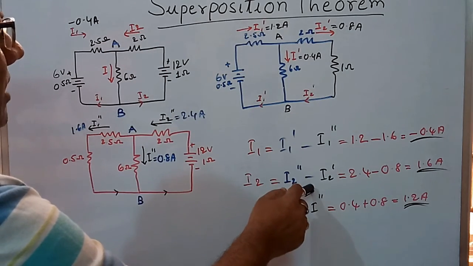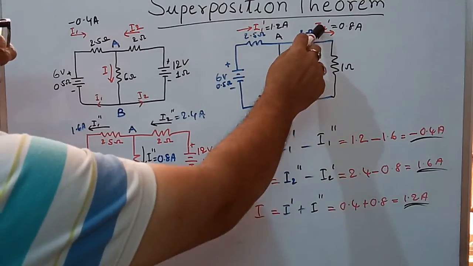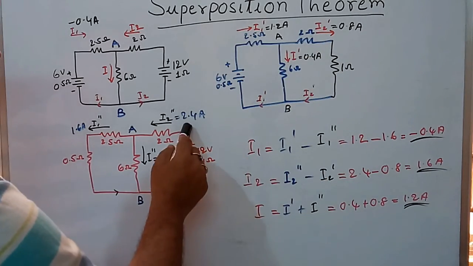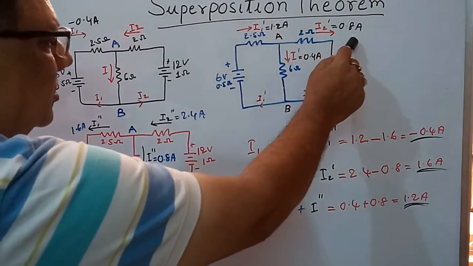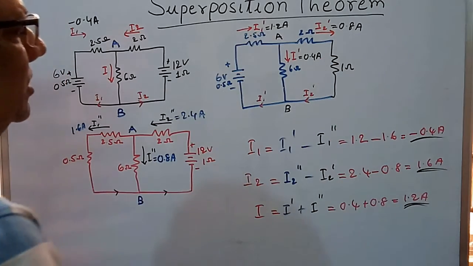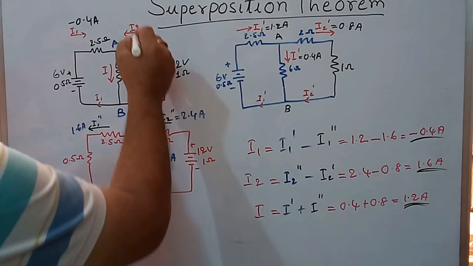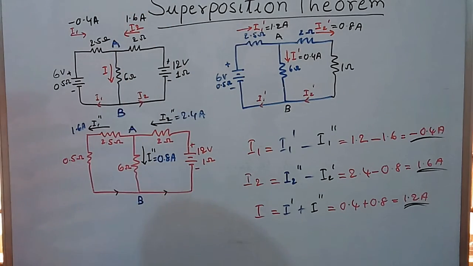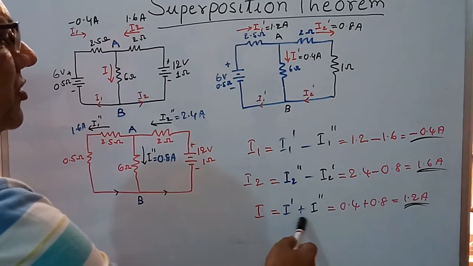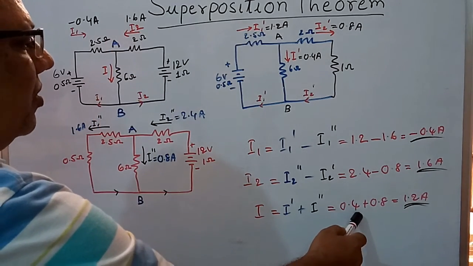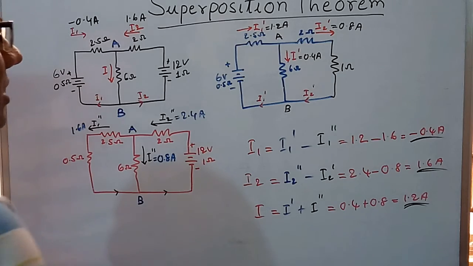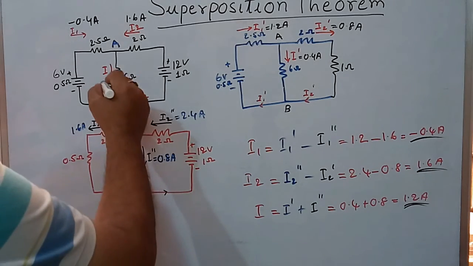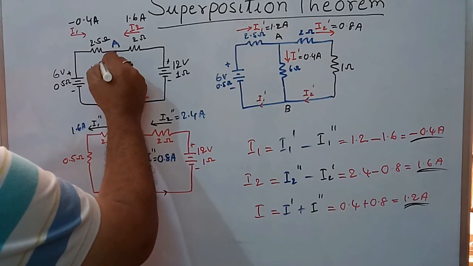So I2 double dash minus I2 dash, that is 2.4 ampere minus 0.8 ampere, is 1.6 amperes. So I2 is 1.6 amperes. Now the current I dash plus I double dash equals 0.4 plus 0.8, that is 1.2 amperes, is the current I.